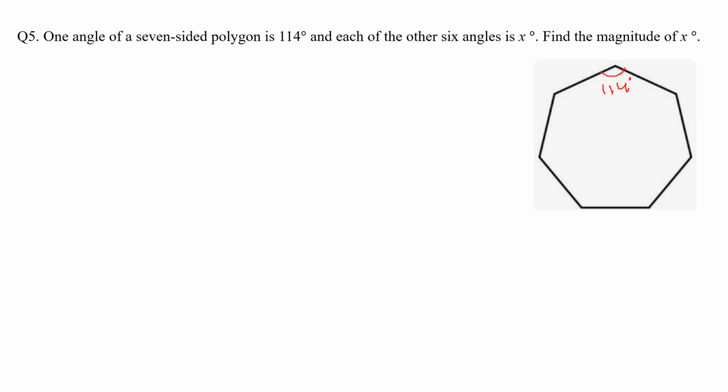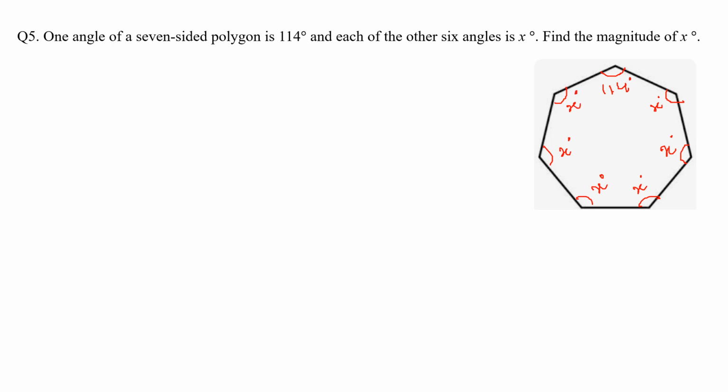Each of the other six angles is x degrees. As it is a seven-sided polygon, it will have only seven angles. One angle value is given and the rest are all x degrees.